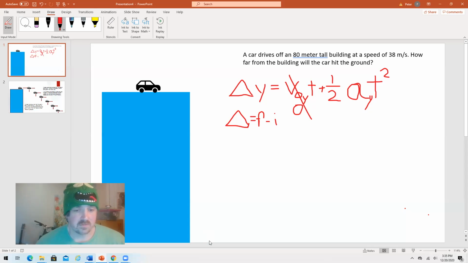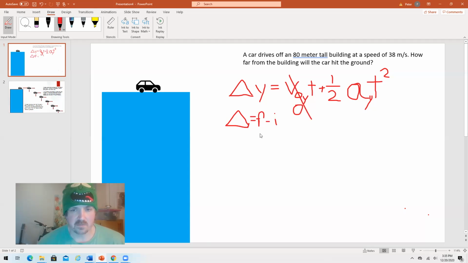You could also define the ground as 0 and define the start point as 80. Ultimately, as long as you keep your sign conventions and your terms consistent, you're going to get the same answer. But what I'm going to do is define the ground as y equals 0 and the start point as y equals 80.